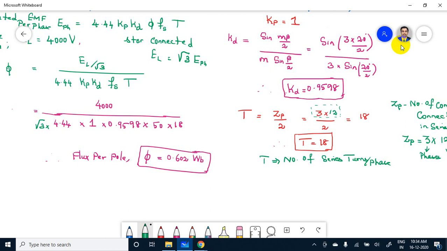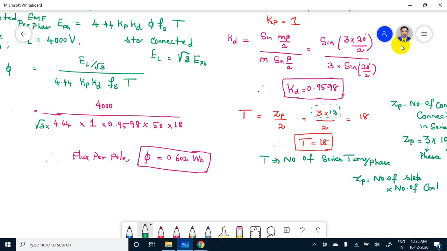Sir, ZP is equal to number of slots into number of conductors per slot. Wait, I will tell.